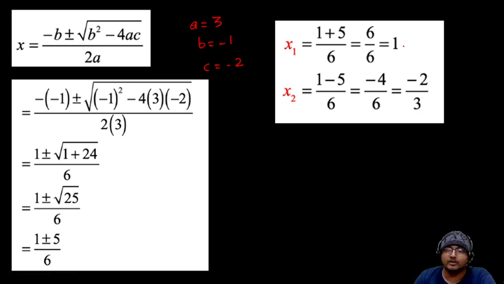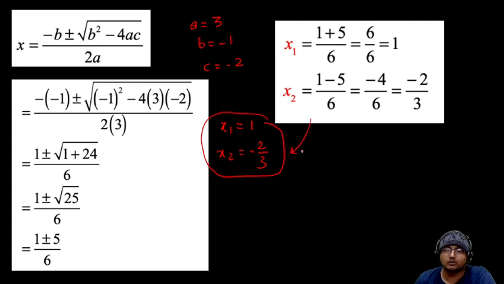So what we have got is correct, right? x1 is equal to 1 we got, and x2 is equal to minus 2 by 3 we got. So hence what we have done is correct. So these are the roots, or solutions, of the quadratic equation.